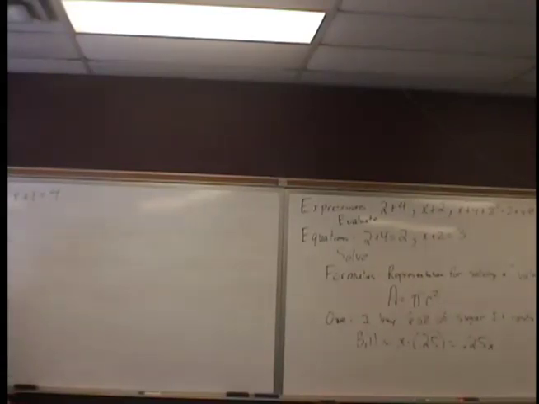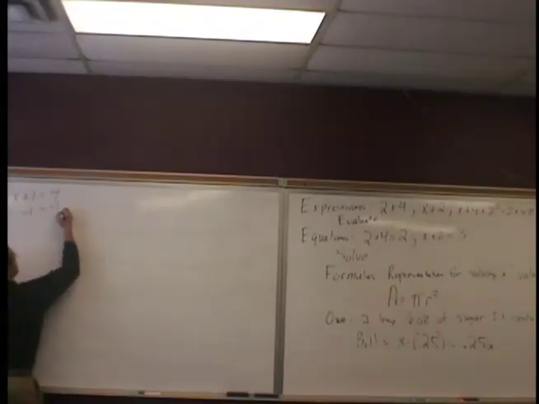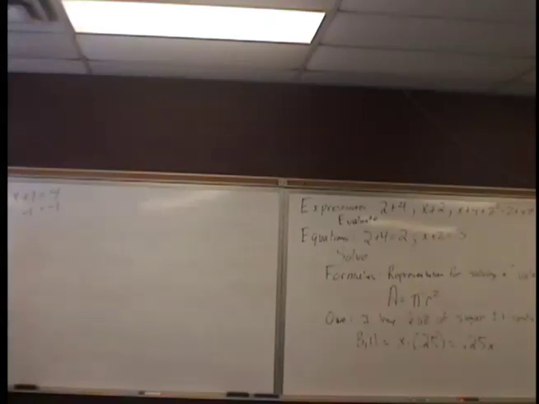That's your goal. To get the variable by itself, I need to remove this plus 1. How do you remove a plus 1? You subtract 1. If you subtract 1 on one side of an equal sign, you must keep it balanced. Subtract 1 from the other side as well.